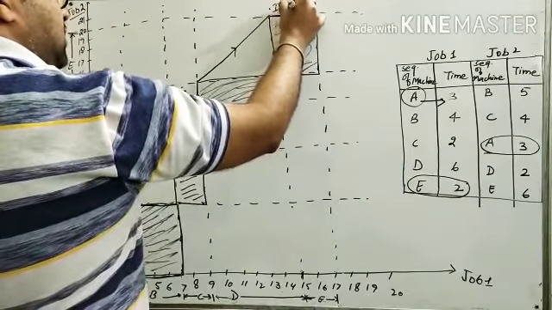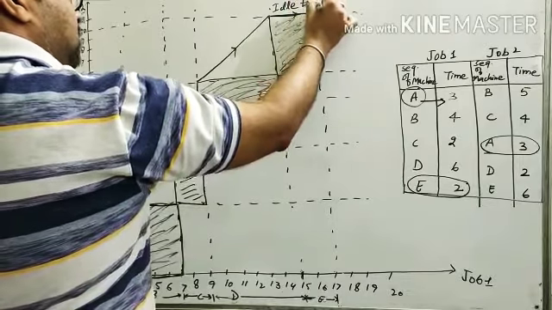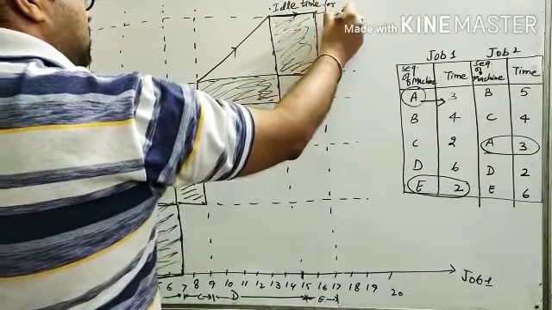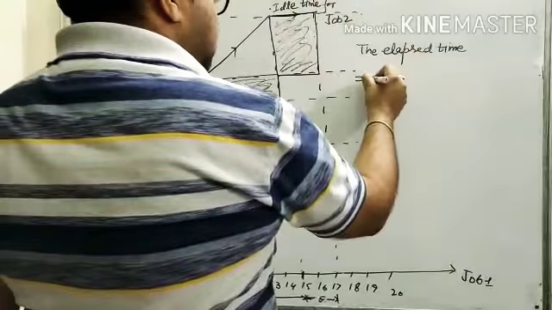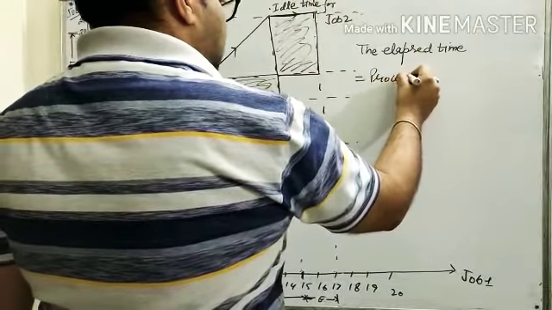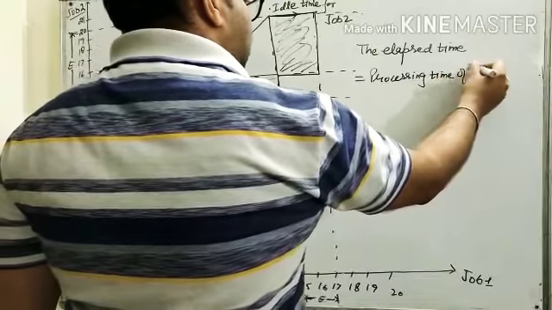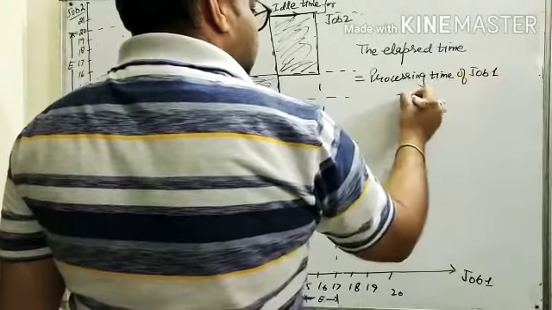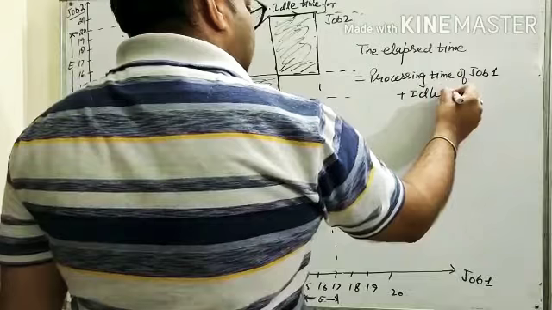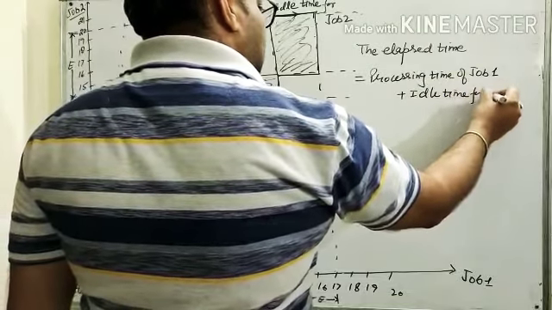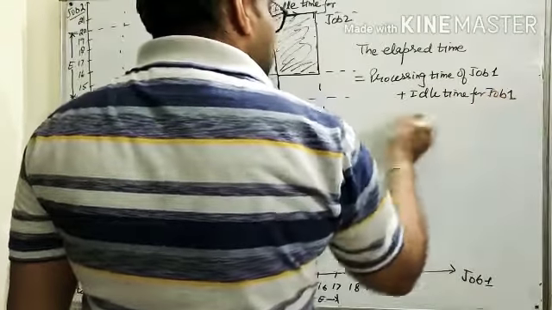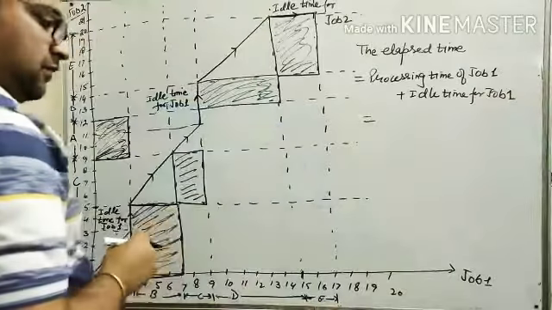We can write here idle time for job 2. The elapsed time is the processing time of job 1 plus idle time for job 1. What was the processing time for job 1?